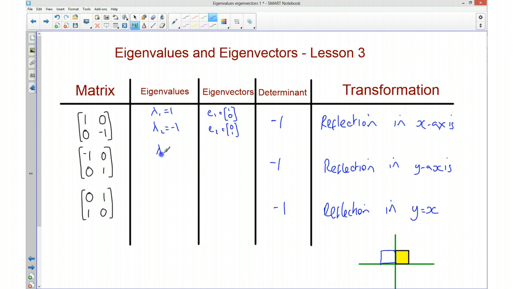I'll write them in the same order again. So I've got a line of invariant points and an invariant line here. So my first eigenvector, for the line of invariant points, which is this one here, is going to be 0, 1, and my second eigenvector is going to be 1, 0.